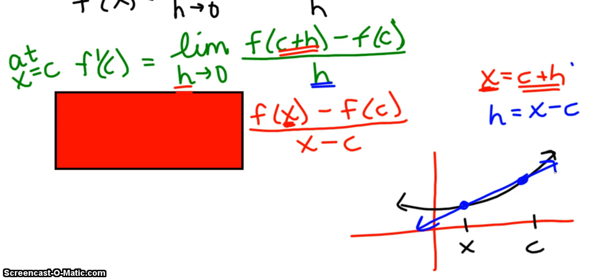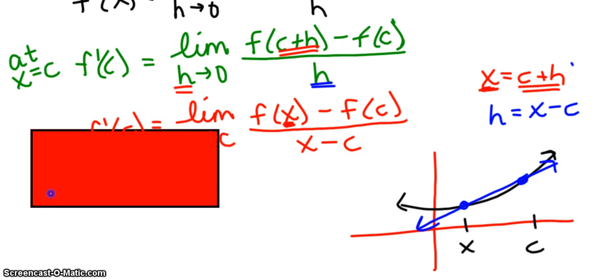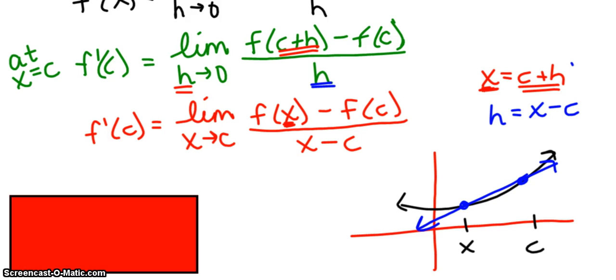Right? This is just regular slope, f of b minus f of a over b minus a. No big deal. But as soon as I put that limit in front, as x moves closer to c, okay, x is getting closer to c, that means that this point right here is moving closer to this one. And so our secant line is actually turning into a tangent line.